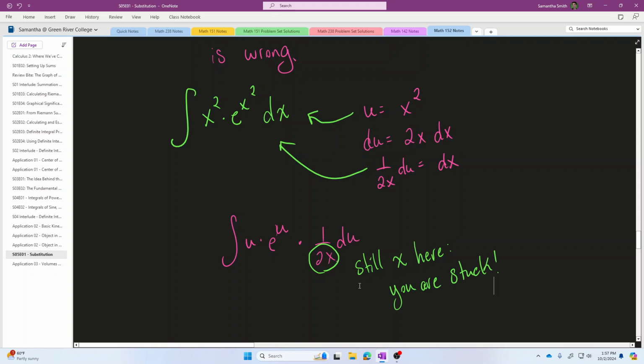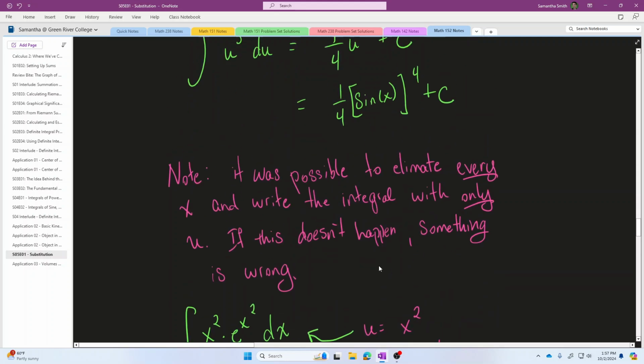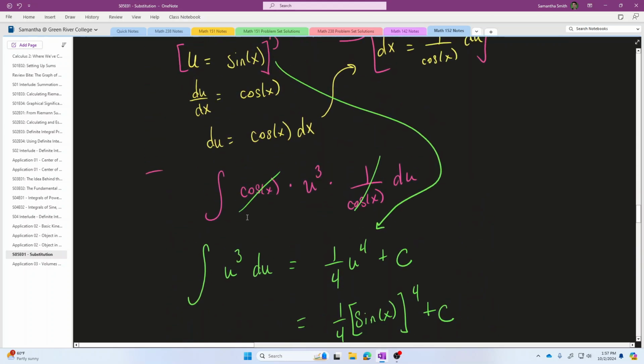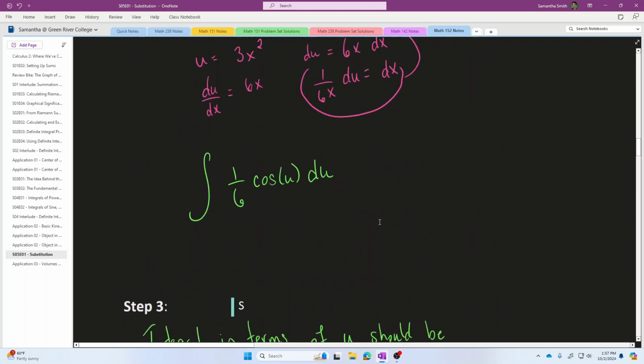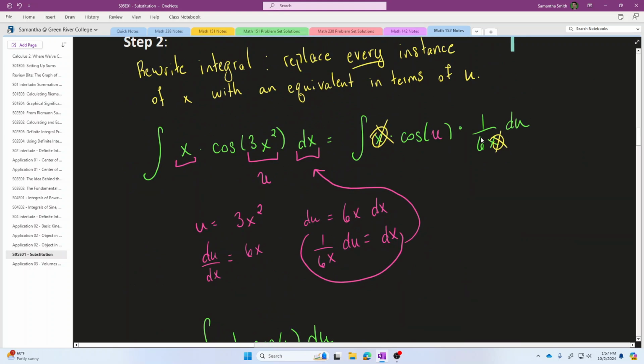If you are able to use method of substitution, you are really looking for some kind of cancellation, like what happened here, or some kind of cancellation like what happened here, some kind of cancellation that helps you to eliminate all the x's in the expression at once so that you're left with an integral in terms of only u.